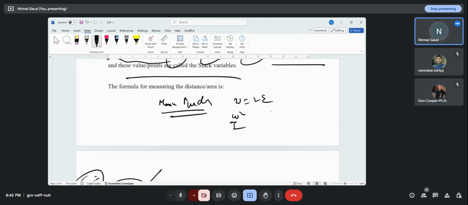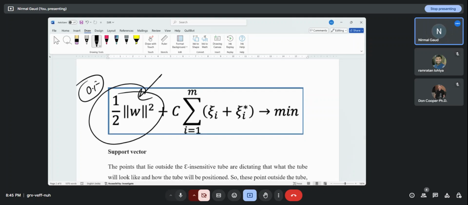And the constraints. What will be the constraints? The constraints will be related to slack variables only, because they are judgmental here. Previously, in the case of the hyperplane, the judgment was taken according to the support vectors only, which were the data points present on the class boundaries.